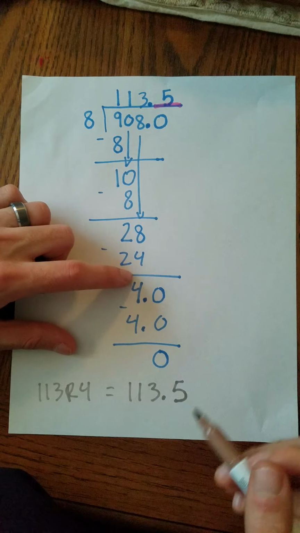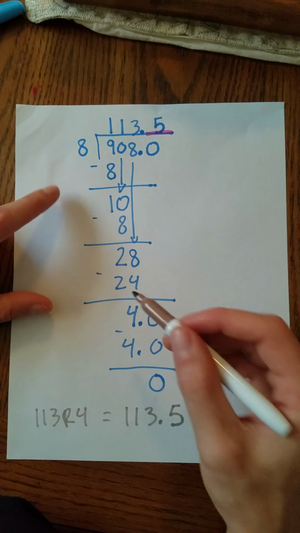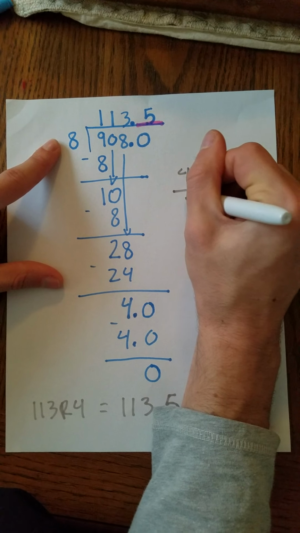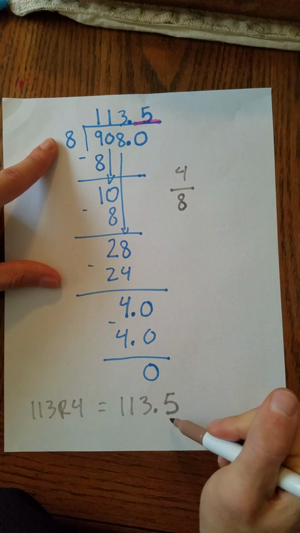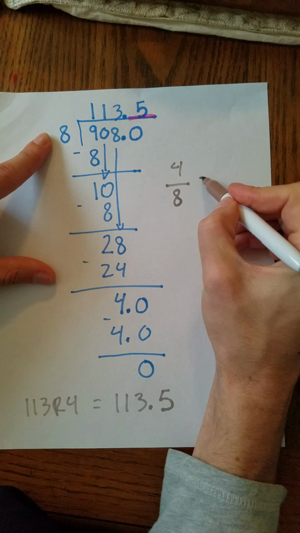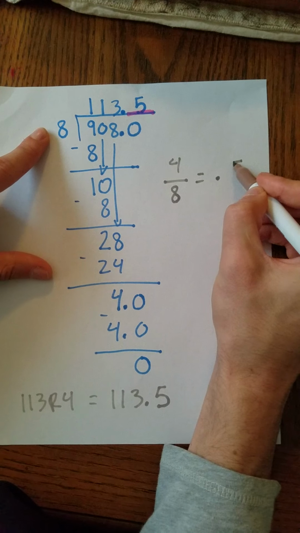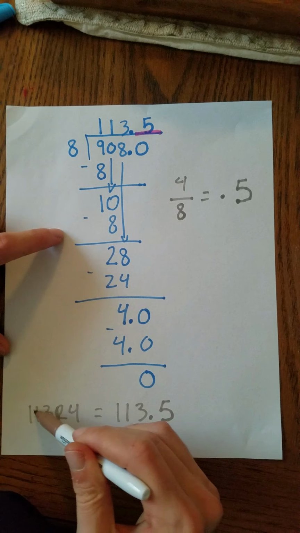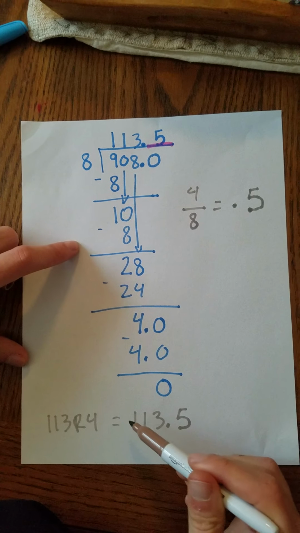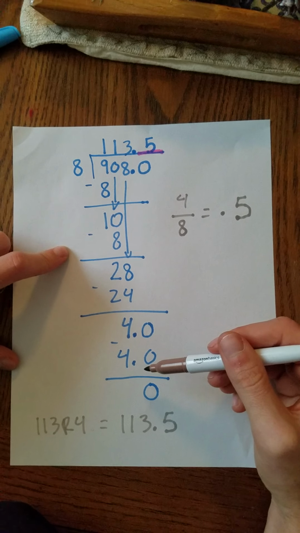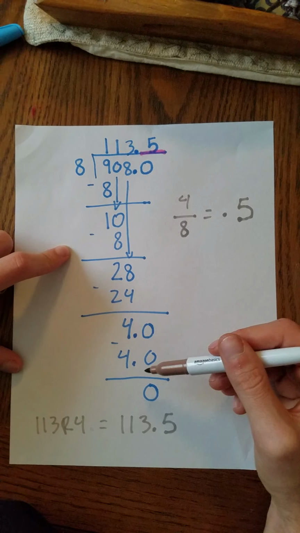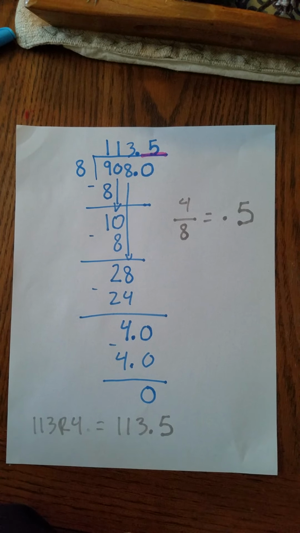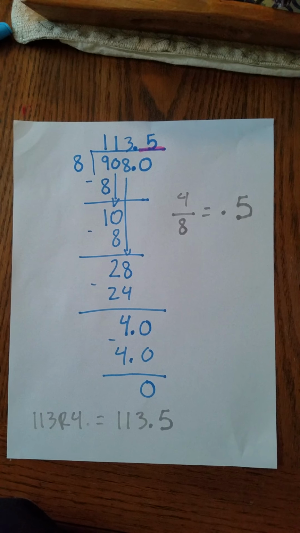Right, and you can kind of check your work here too, because if my remainder was 4 out of 8, I know 4 out of 8 equals 1 half, or equals 0.5. So 113 remainder 4, we can continue those same steps by converting our ones into tenths and we got the decimal of 113.5. We're going to solve a few more of those together, and then you'll try one on your own.